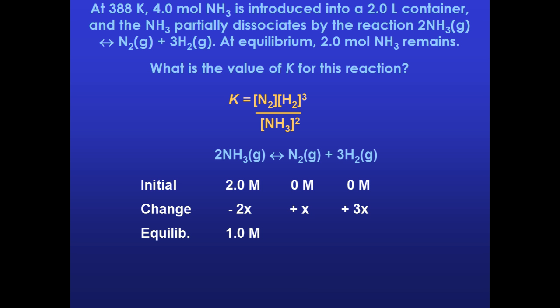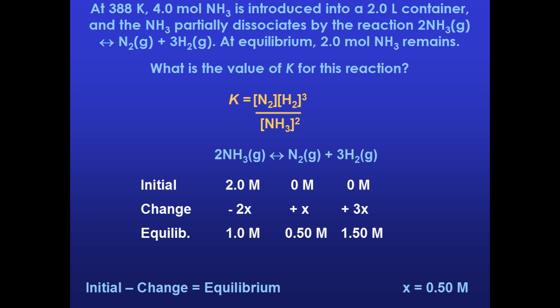So if we keep in mind that the initial and the change should give us our equilibrium, 2 minus 2x equals 1, that should give us that x is going to be 0.5 molar. So nitrogen's concentration at equilibrium would just be the 0.5, while hydrogen's would be 3 times that, or 1.5 molar.